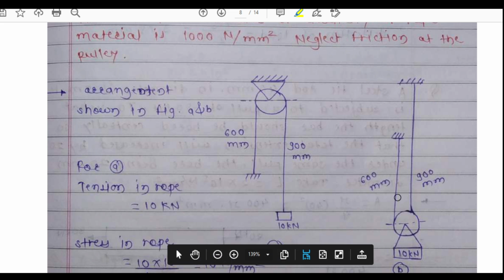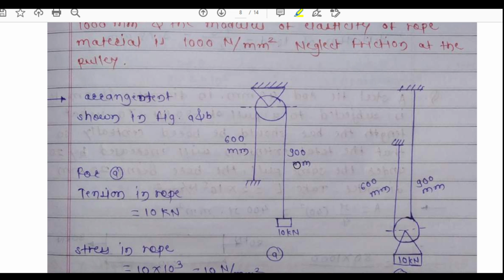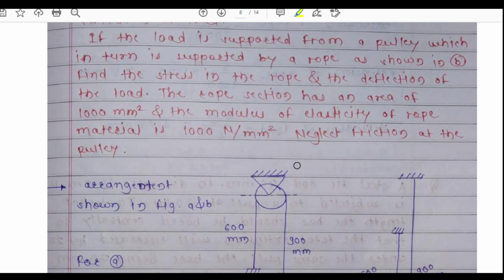In both the figures I have drawn here, this value shows the length of that rope. Now if the load is supported from the pulley, which in turn is supported by a rope as shown in figure, find the stress in the rope and the deflection of the load.